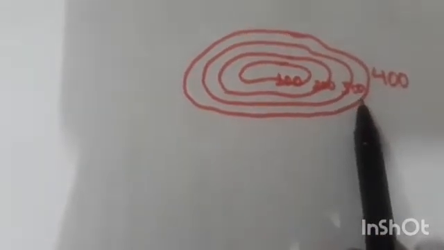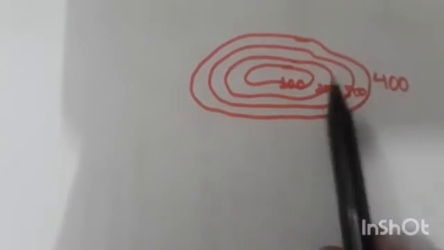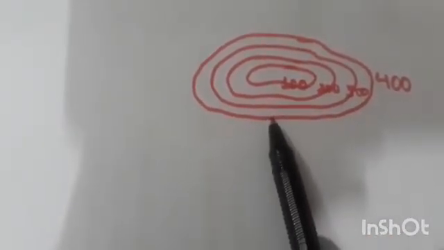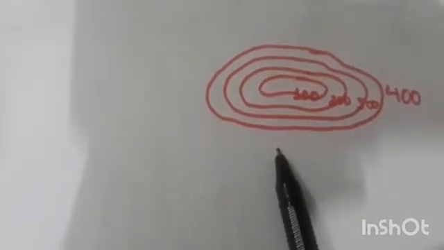Now why have I made these contour lines here? Because we are going to do one activity, and from this activity you'll come to know how contour lines help to identify the presence of physical features, right children?